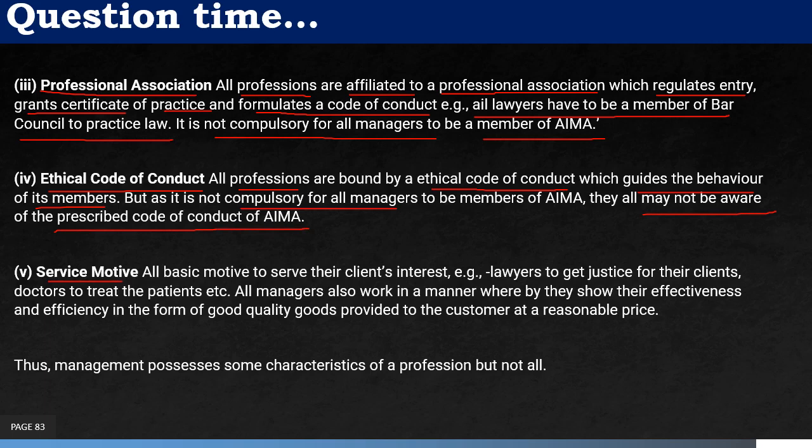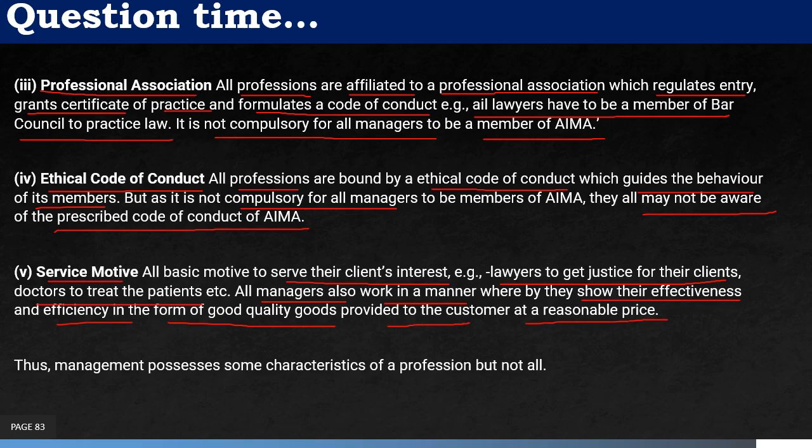Service motive. All the professions have the basic motive to serve their clients' interest. Lawyers to get justice to their clients, doctors to treat the patients. All managers work in such a manner that they show their effectiveness and efficiency in the form of good quality goods provided to the customers at a reasonable price.